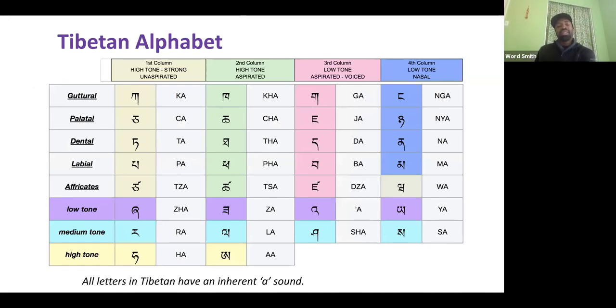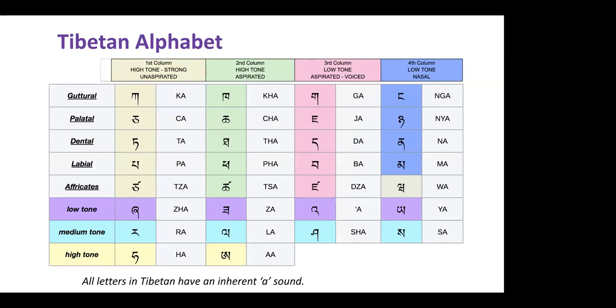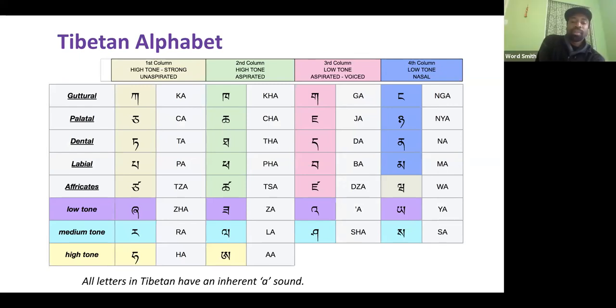So here's the Tibetan alphabet. I don't know about Russian as much, but the English alphabet is like a big mess. It's just like the English language, right? It's a mess. There's a lot of exceptions and just a lot of things that make it difficult to learn.